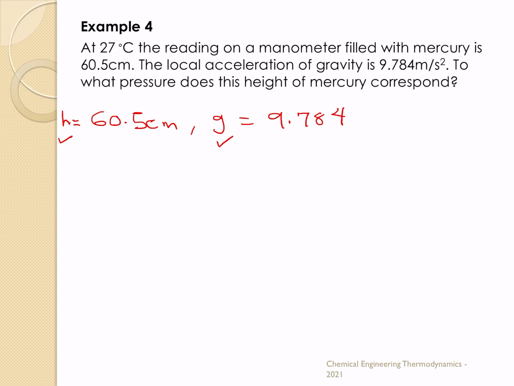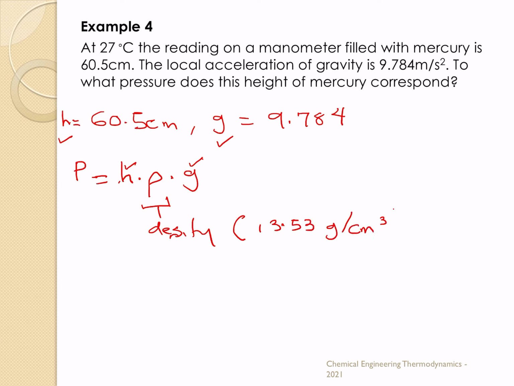We learned earlier today that pressure can also be calculated as height multiplied by rho, the density, multiplied by G. We'll be given the density of mercury, which is 13.53 gram per centimeter cube.